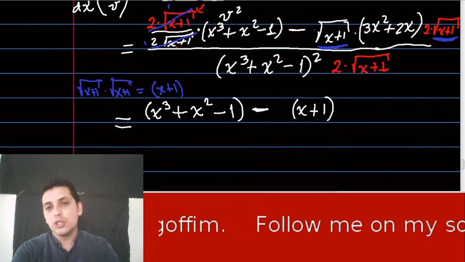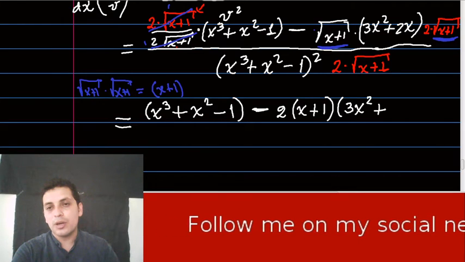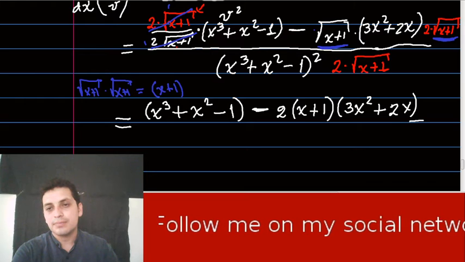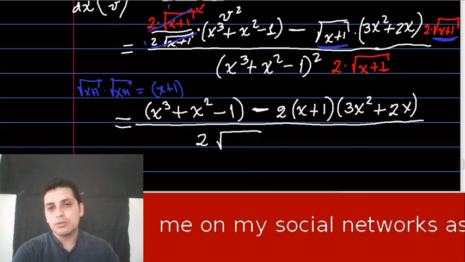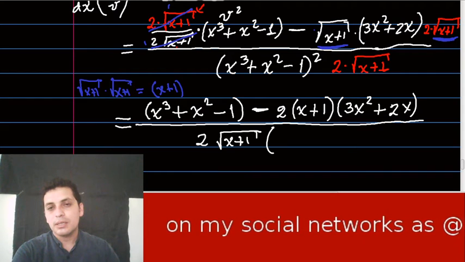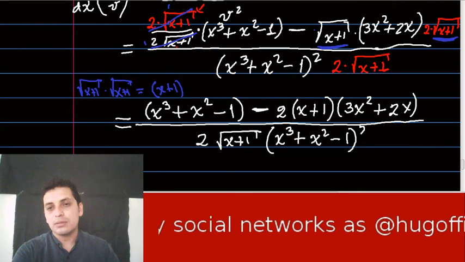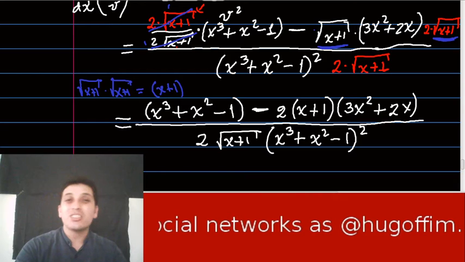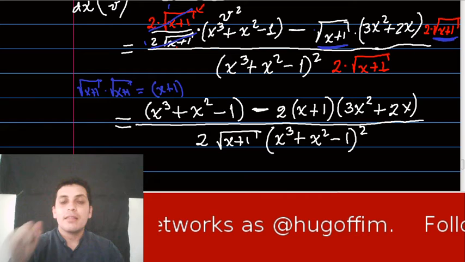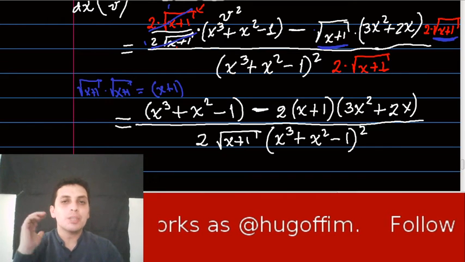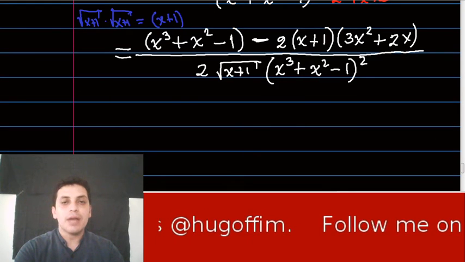This is a 2, so just 2 times x plus 1 times 3x squared plus 2x over 2, okay, I'm going to put the root first, x plus 1 times x cubed plus x squared minus 1 to the second power. So as you could see, when I have denominators, I have to multiply and divide the complex fraction by the denominators I have. Okay? So this is what we have now.